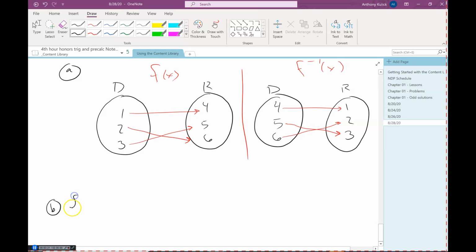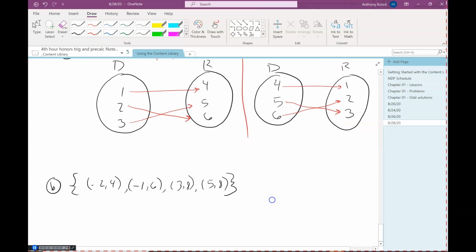What if we have a set of ordered pairs? Oops. Let me call this f of x.